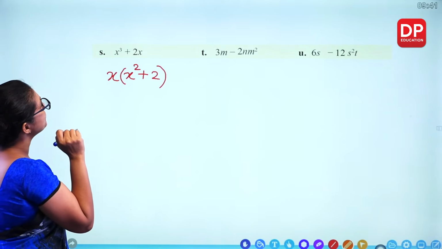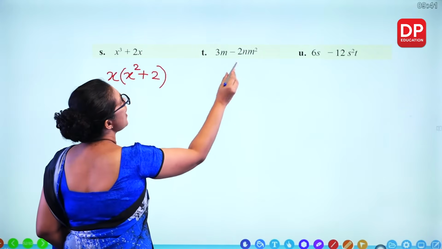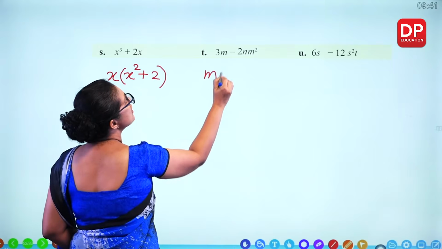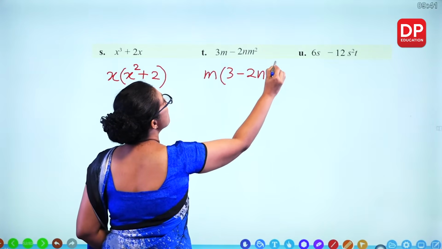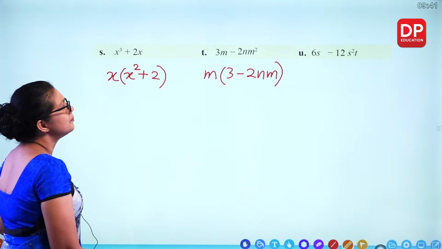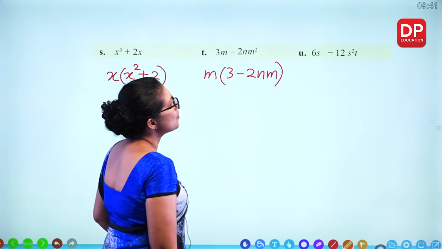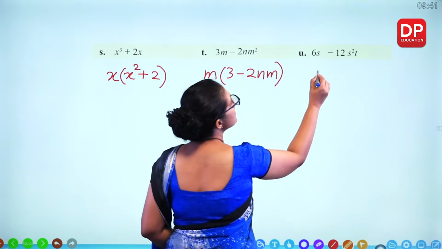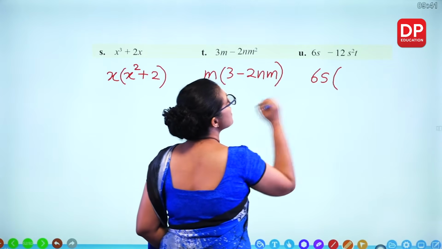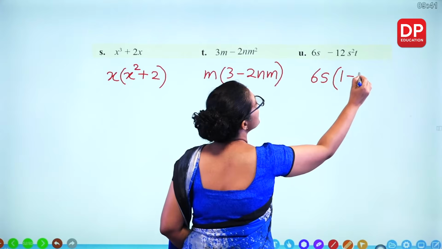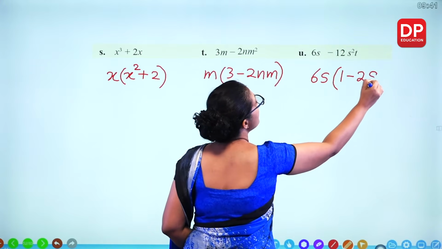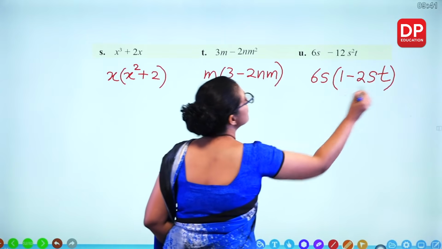This one. M, you can take it out. 3 minus 2n, m remaining. This one, 6 is also common. S is also common. I can take 6x out. 6 is out. That means 1 minus 2, 1s and 1t.